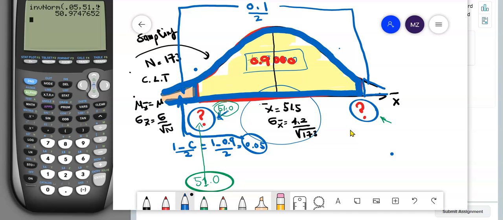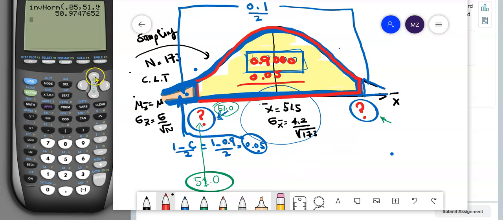If I plug in this area, remember this is 0.9, and the area in here is 0.05. So the area here is 0.05. What I need to do is add them up together. So I need to add 0.05 to this. And that's basically it.